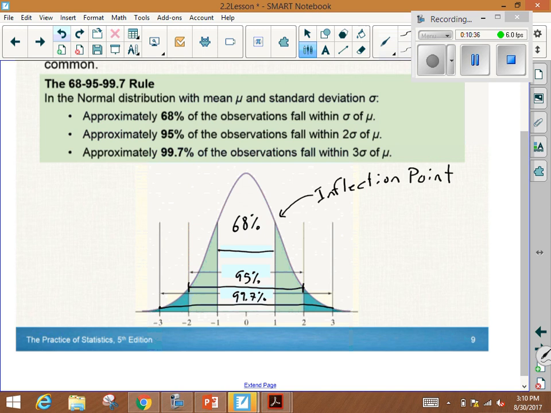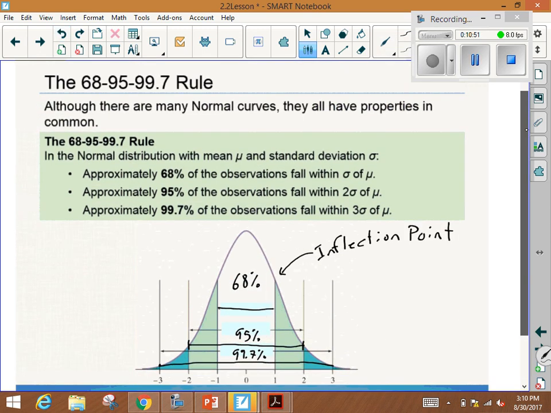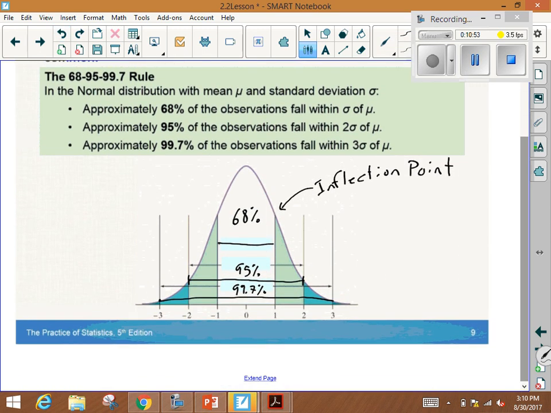So that's the picture of it. Based on these things, you're able to get a lot of information from this rule. It's also called the empirical rule as well. I'm not sure if they're mentioning that, but it can also be called the empirical rule.